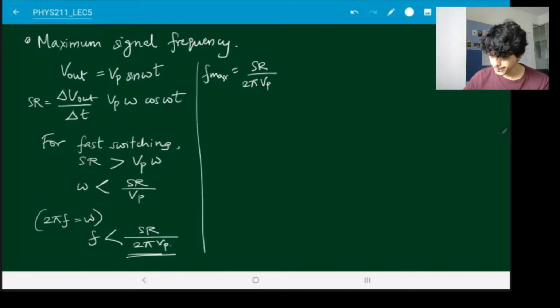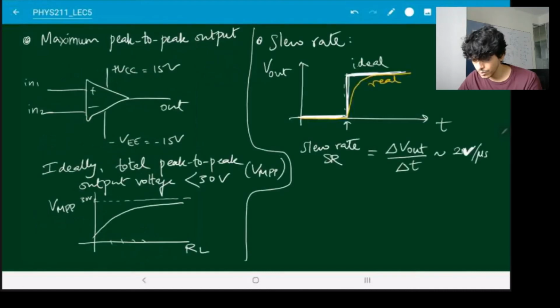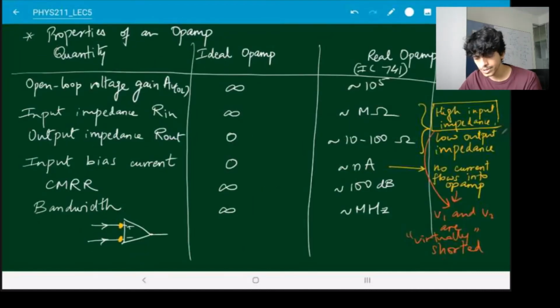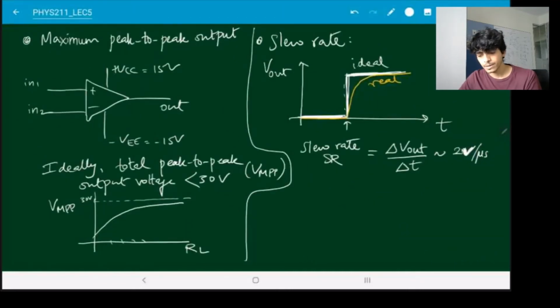Okay, good. So these conclude the discussion about the characteristic properties of an op-amp. So we looked at things like open loop voltage gain, input and output impedance, input bias current, and so on. And then we looked at what is the maximum output that you can get. In an op-amp, if VCC and VEE are plus minus 15 volts, then you will never get an output which is greater than 30 volts.